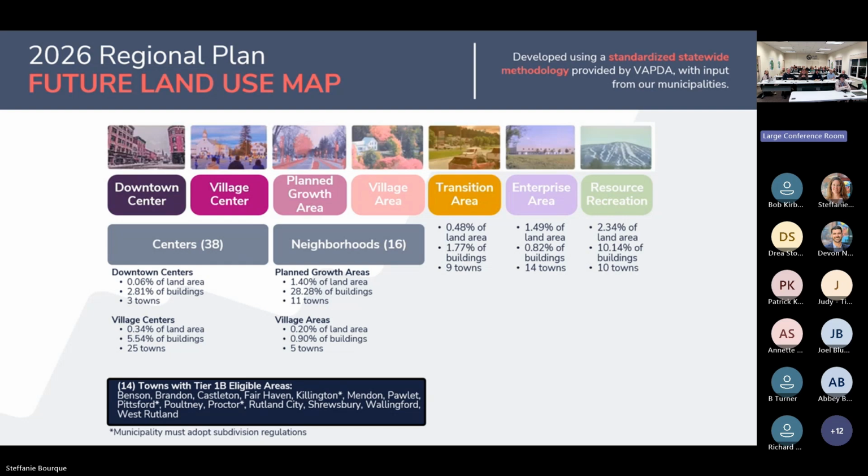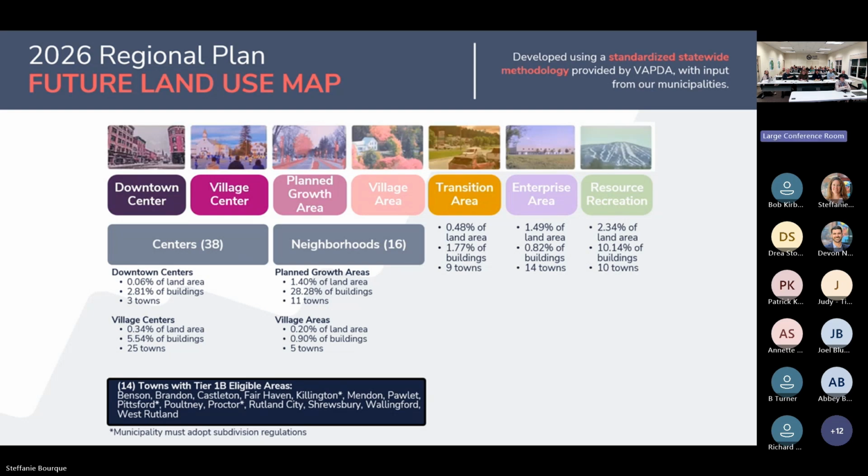The punchline being the percentages are pretty small in terms of land area and number of buildings for those two land use categories. We then have the planned growth areas and village areas that will receive a neighborhood designation, and we've got 16 of those areas currently mapped.